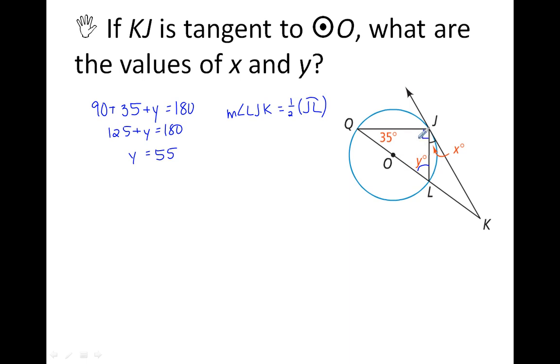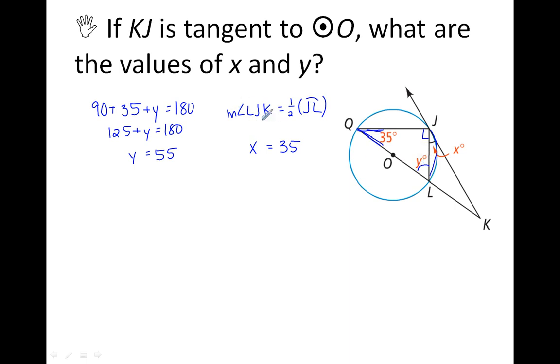Well, if I also look at JL, right, which is this arc, it's intercepted as well by this angle. Well, they intercept the same arc, which means that those angles have to be congruent because they intercept the same arc. So X has to be 35, right?